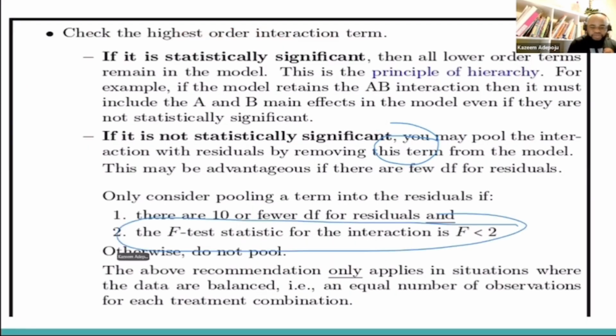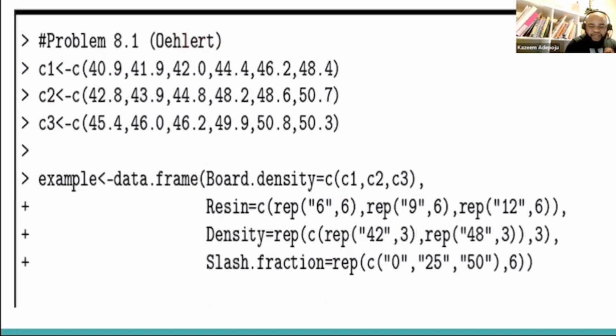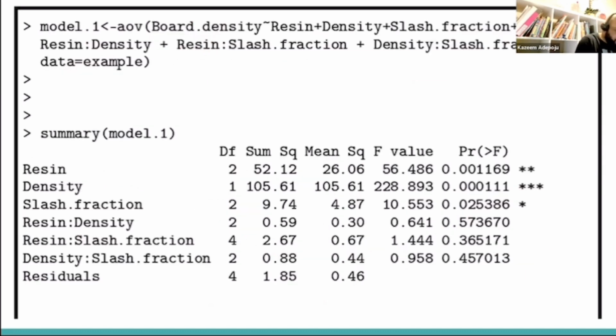I said when the F test statistic for the interaction is less than 2, and not only that, the degree of freedom for the residual is less than or equal to 10. And as you can see, when I ran this, the insignificant ones actually have an F value of less than 2. Do you see that?